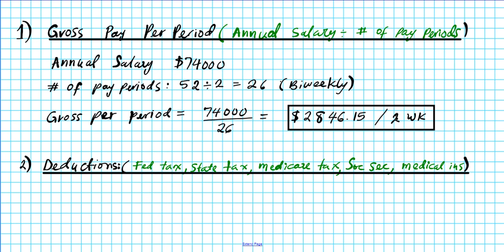Okay, so these are the deductions that we will be computing to determine what her deductions are, and that will ultimately help us figure out the last question, her net pay per period.